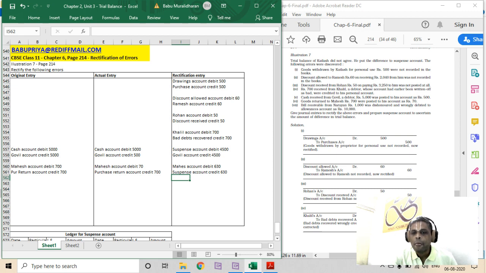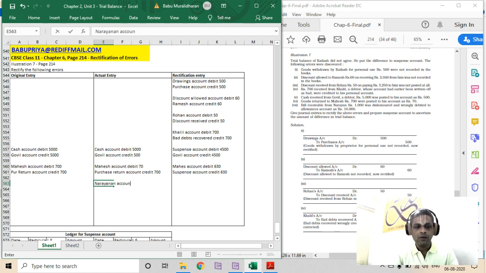Okay. Bills receivable from Narayanan, rupees 1000, was dishonored and wrongly debited to allowances account as rupees 10,000. Bills receivable dishonored means we have to debit the customer.